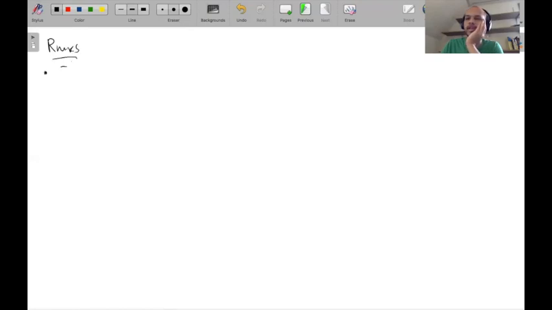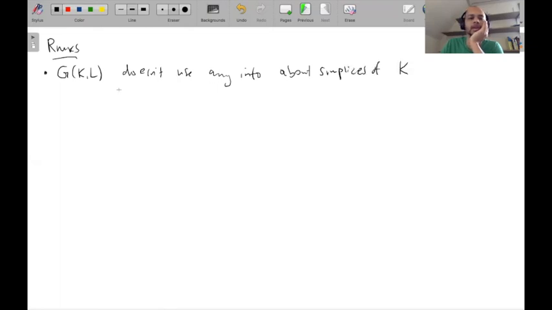So first, G_{K,L}, this doesn't use any info about simplices of K of dimension greater or equal to 3. We only use vertices, edges, and faces.